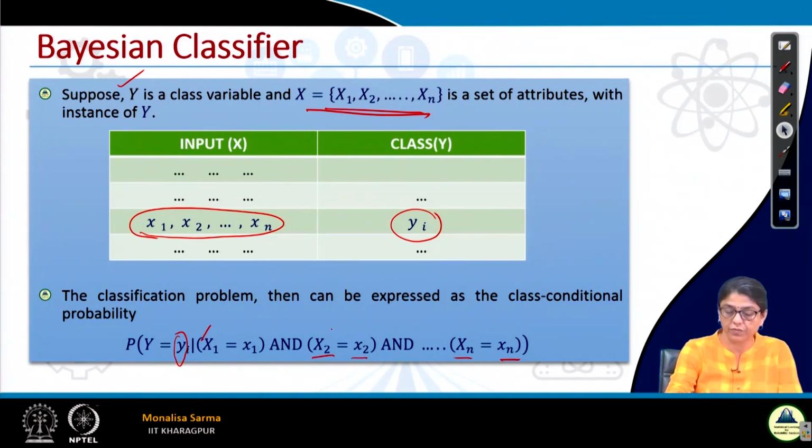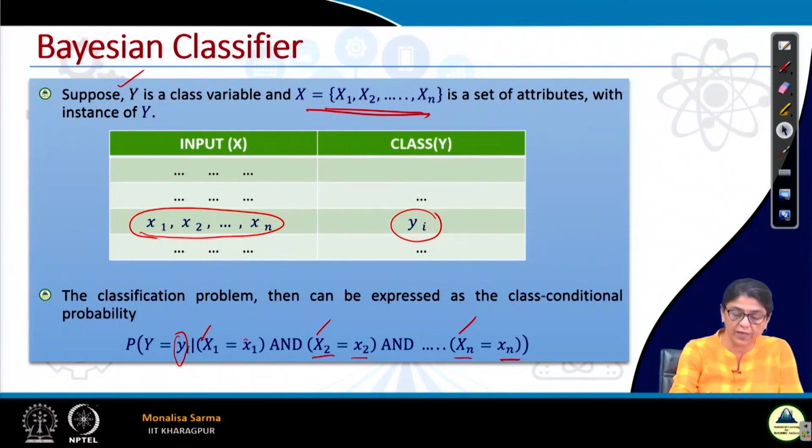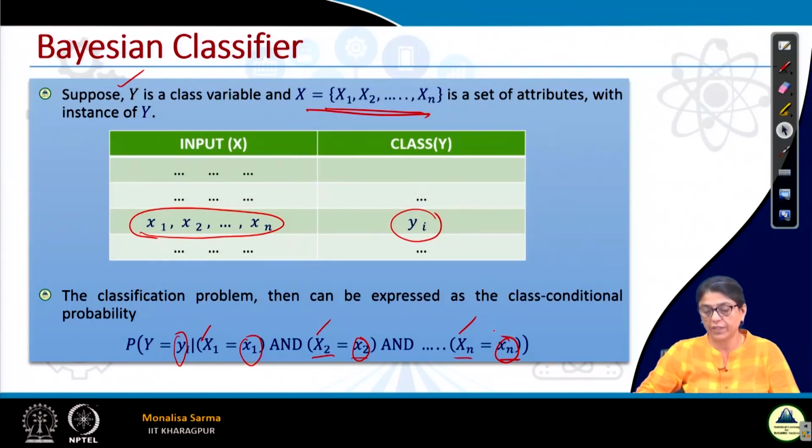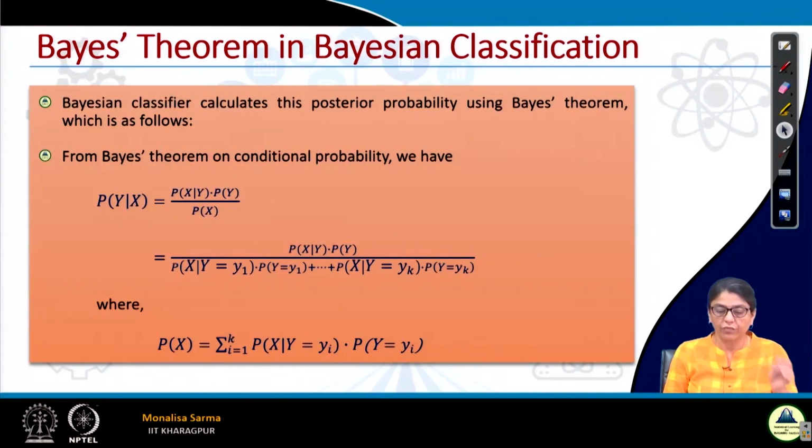Capital X1, X2 are the attributes, and small x1, x2 are the attribute values. So what we have to find out is a class conditional probability, which is a conditional probability. What is the probability that y is equal to yi, given my attribute values are x1, x2, x3 up to xn? We have already seen that we use Bayes theorem for that.